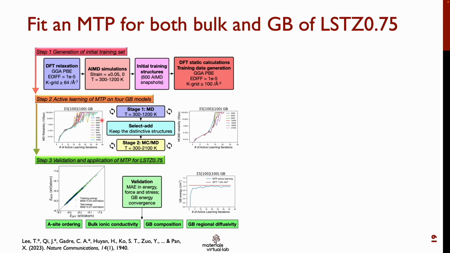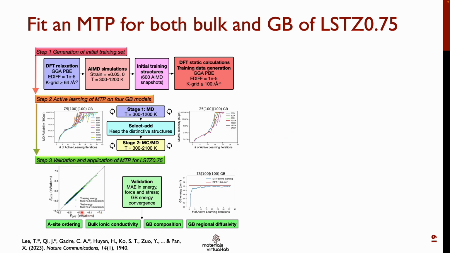You can see that after around 35 iterations, no new extrapolative structures emerged in all those simulation scenarios up to 2100 Kelvin, which is already 500 Kelvin above the experimental calcination temperature.